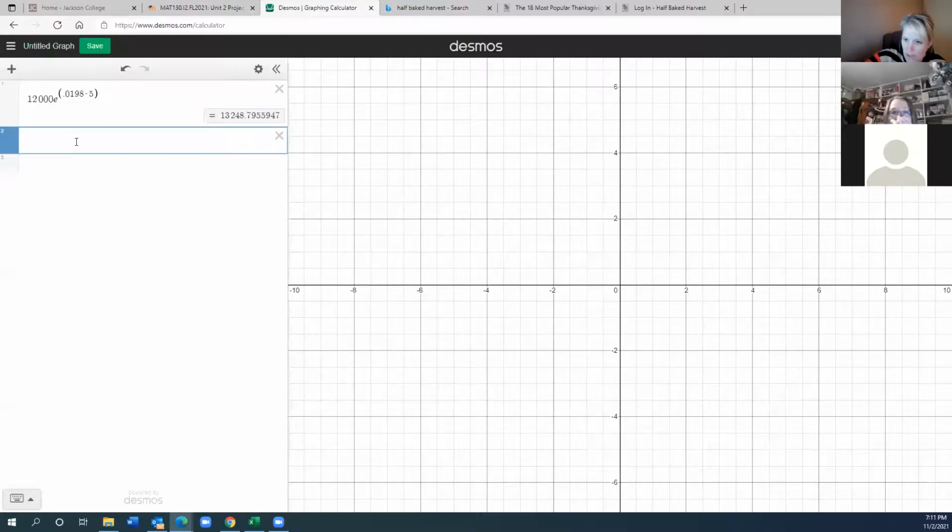So when you do that one, parentheses 1 plus whatever your interest rate is, 0.032, your T has to be here. Otherwise it's multiplying it afterward. I was wondering why simple interest was such a great choice.